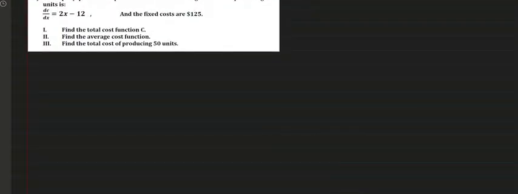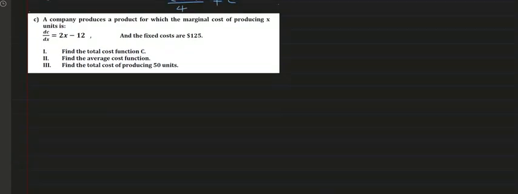Now the company, now let's take the marginal. If we have the dC by dx, and in part I, we are required to find the total cost C. We need to know C is what, and we are given dC by dx.